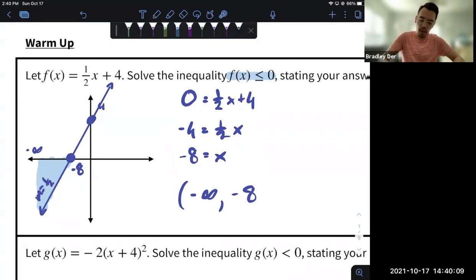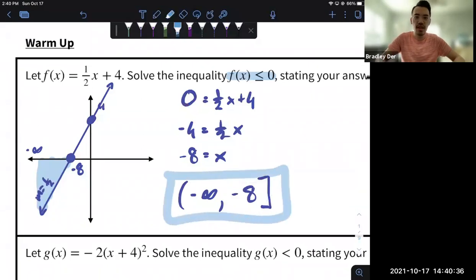In this case, we're going to want a bracket because our inequality says that f of x should be less than or equal to 0. At this x-intercept, we just said that y was equal to 0. So at this point, we are satisfying this condition of the inequality, which means that the point where x is equal to -8 is good for our inequality, and we can include it in our solution set. All right, so final answer, negative infinity to -8 inclusive.